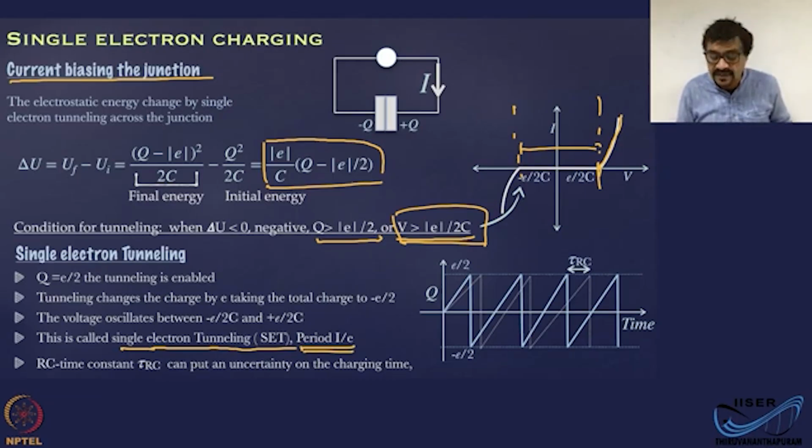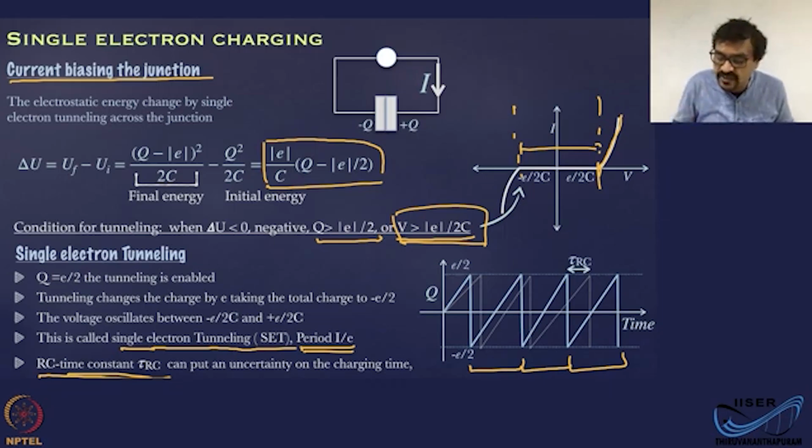Now let's look at the energy-time uncertainty here. There is a temporal uncertainty of this tunneling that is of the order of the RC time constant, tau RC. That is the fluctuation time when this tunneling is going to happen. So the period I by E is accurate only to tau RC.